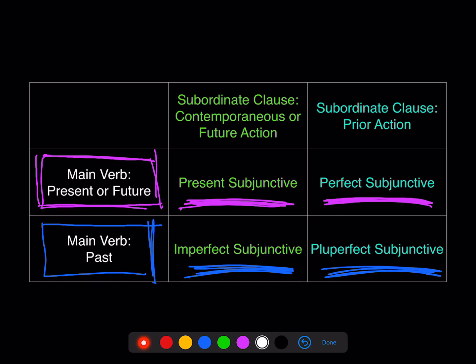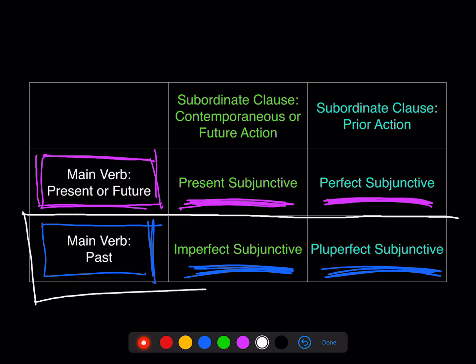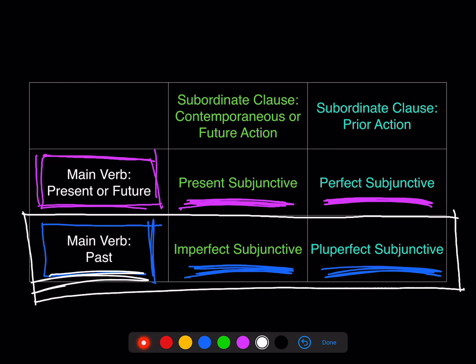So until Unit 4, right, all of the subordinate clauses we saw fit in this part of the chart. You probably didn't notice it, but the main verbs that introduced our subordinate clauses that took the subjunctive, whether they were indirect questions or result clauses or purpose clauses or cum clauses, the main clause was always happening in the past.